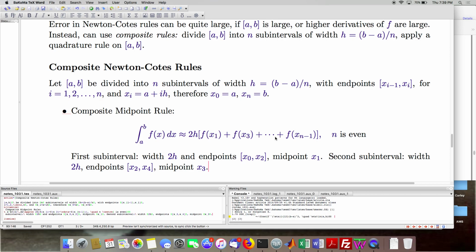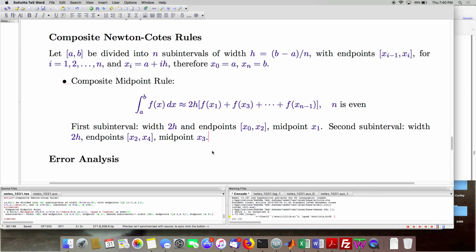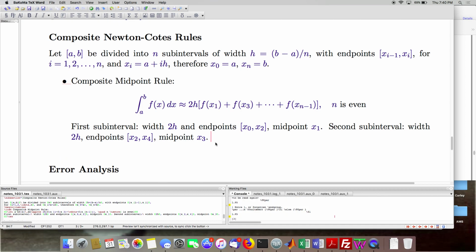Okay. Also, I will give the error. So the error, I'll show this more closely for the trapezoidal rule, but the idea behind the error in composite rules is you have the error formula for each subinterval that you use. So then you just add up those errors, and then you try to simplify that expression as much as you can. And there is some simplifying you can do.